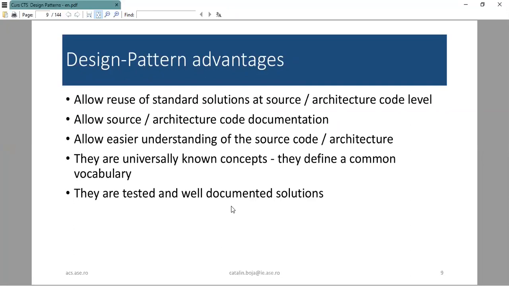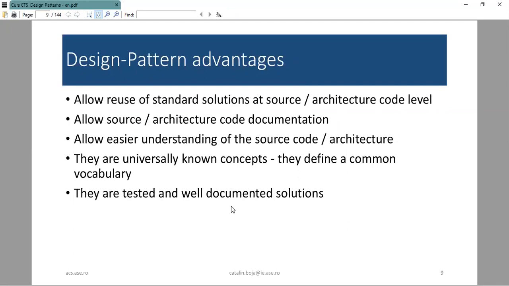So you see, once again, we use a common vocabulary, which in this category translates to standard implementations for a specific problem, and that standard implementation is actually the design pattern. Using this common vocabulary, we can talk to our team members in a very clear way. So if you say, hey, I'm using a command pattern to handle those asynchronous tasks, they should know what a command pattern is.